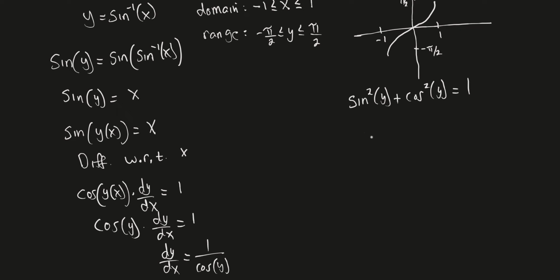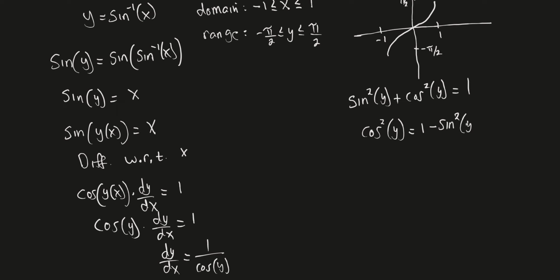All right, so let's walk through those steps. I can subtract the sine squared of y from both sides. This tells me that cosine squared of y is equal to 1 minus sine squared of y.